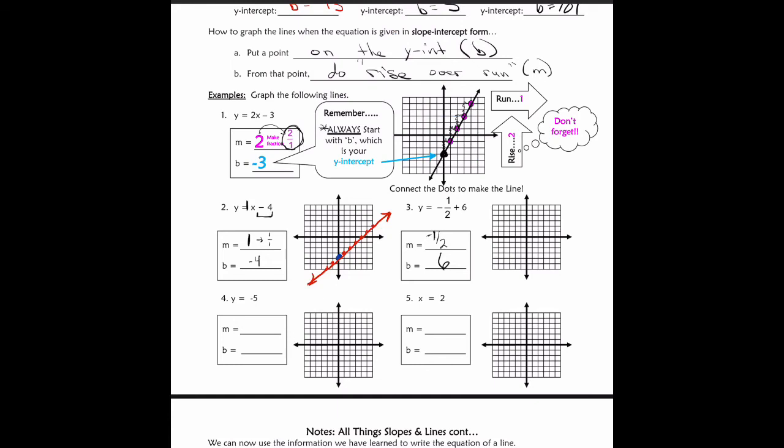So up to 6, 1, 2, 3, 4, 5, 6, put my dot. And then I'm going to go down 1 and right 2. Down 1, right 2. And here is my line.